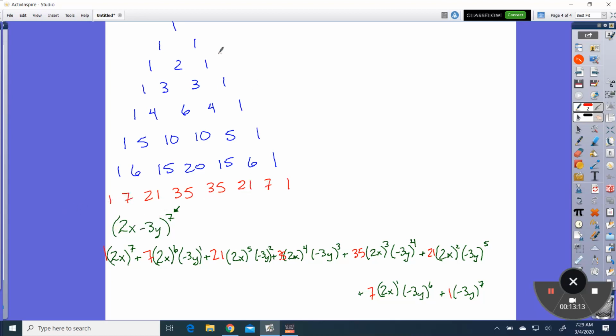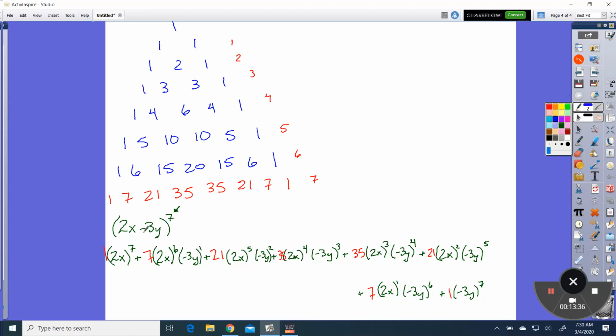Remember, these were the powers, like this is the first power, second power, third power, fourth power, fifth power, sixth power, seventh power. I should have chosen a shorter power. So that's where we generated the red ones.